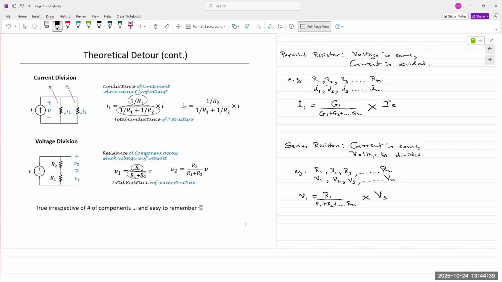Meaning if there is a circuit comprised of 100 resistors, and in a small part of the circuit there are 5 resistors in parallel, then we can only apply current division to those 5 resistors based on the current coming into them. That, in fact, is the purpose of using current and voltage division.